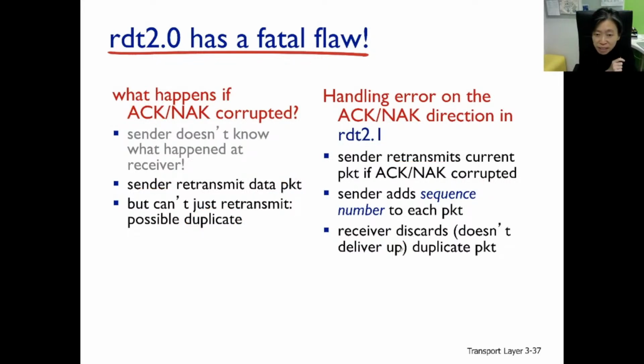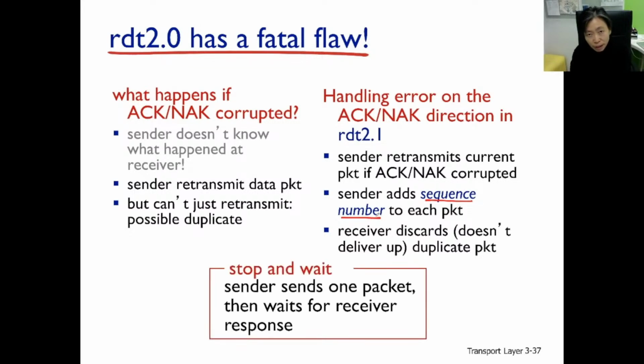And there's one more thing we need to talk about. That tells a little bit about the sequence number requirement here. Think a little bit more. In RDT 2.0 and RDT 2.1, the sender behaves this way. After sending one data packet, it's going to stop and wait for feedback until everything is cleared. Then it will go back to send data again.